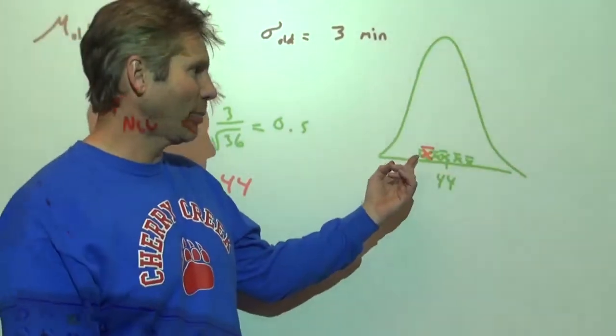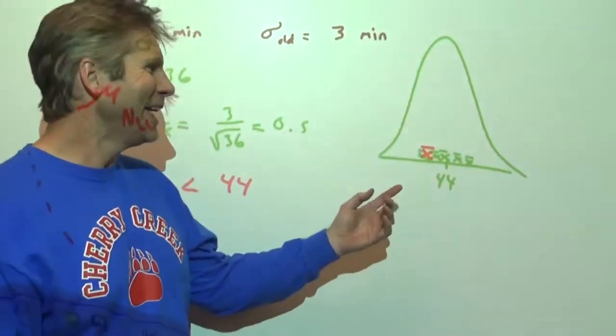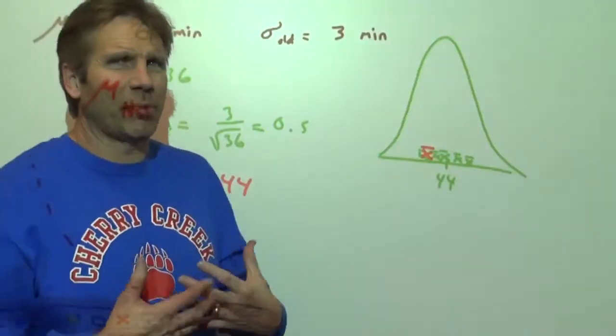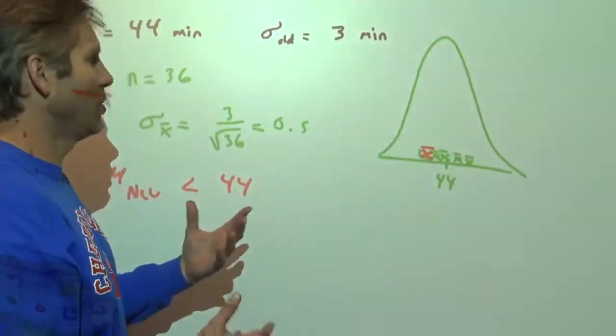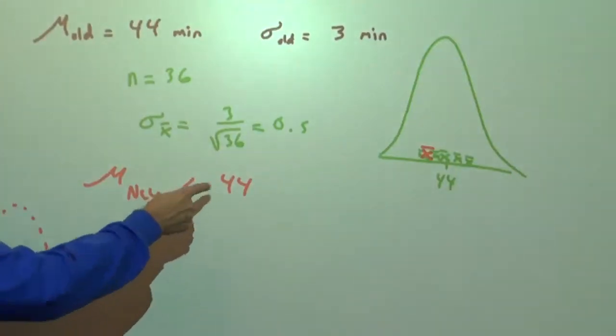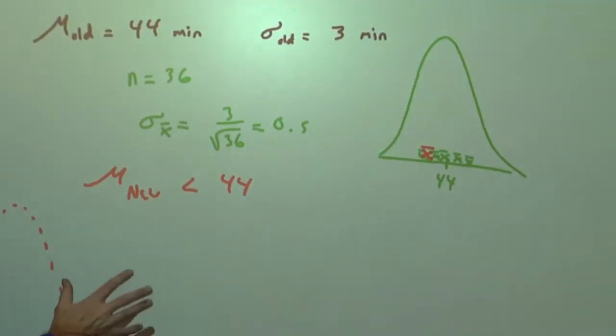Even though that one sample mean was a little bit below 44, it's not unusual enough for us to buy the argument that the new software is taking less than 44 minutes on average to process the loans. So that's the big idea behind hypothesis testing.